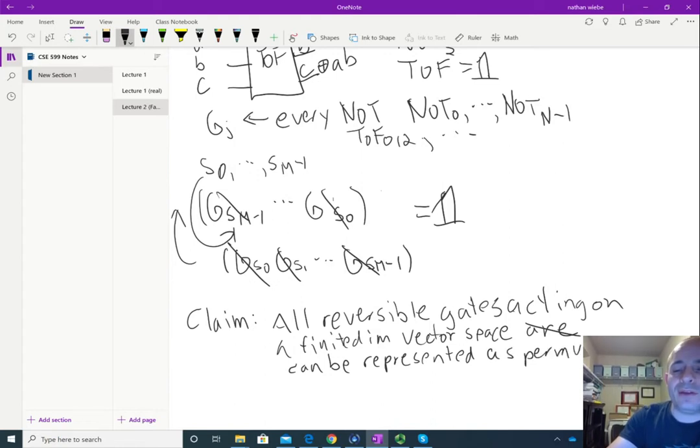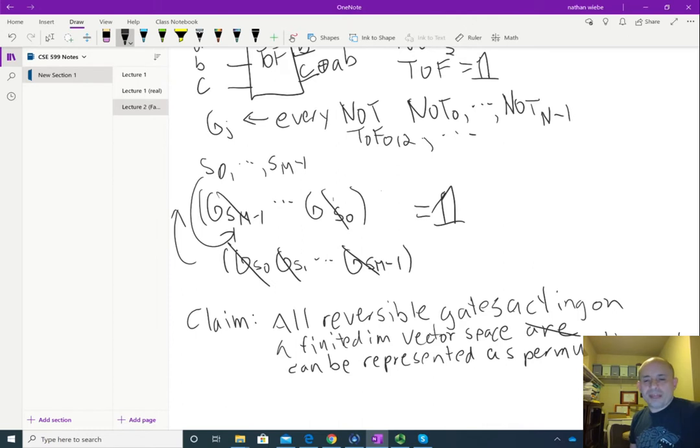Okay, and the intuition behind this is actually really clear. The intuition is that we demand that all of our gates be reversible, right? Which means that they're carrying out a one-to-one map. So that means for every input basis vector that you feed in, you're going to get a single basis vector popping out.